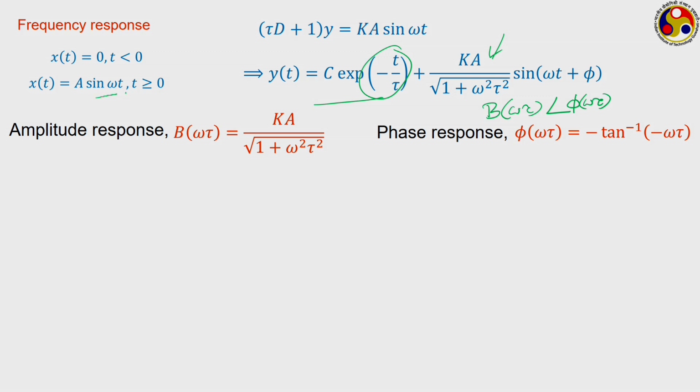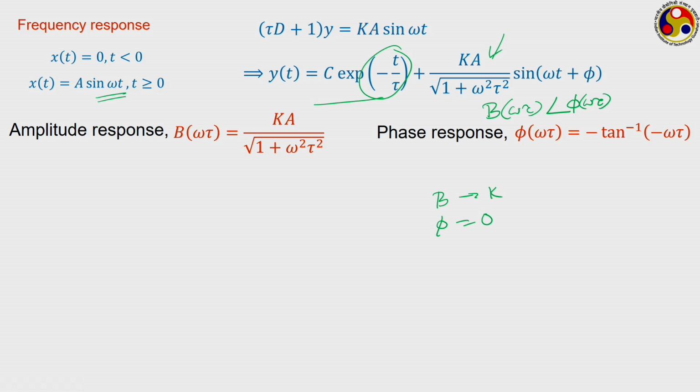Your input has the sin omega t component, and this phi refers to the phase lag that has been introduced in the output. For an ideal system, we want our b to be equal to just k and phi to be equal to 0, because then we reach a perfect zero order system.